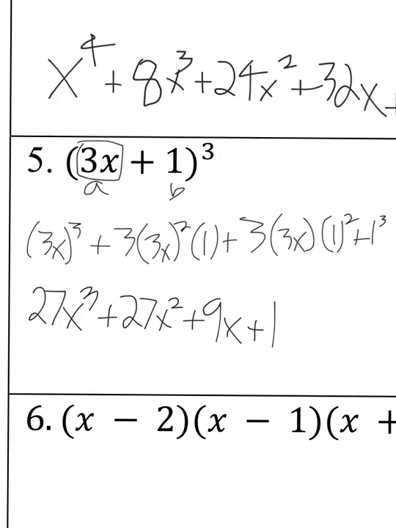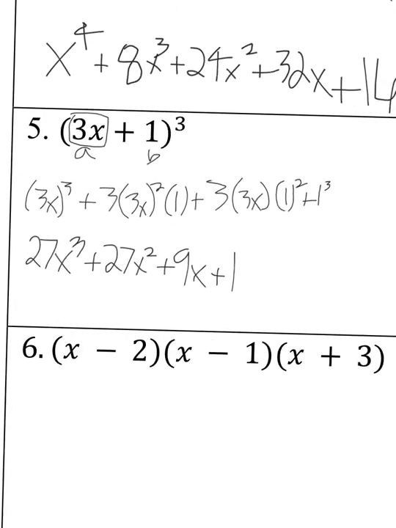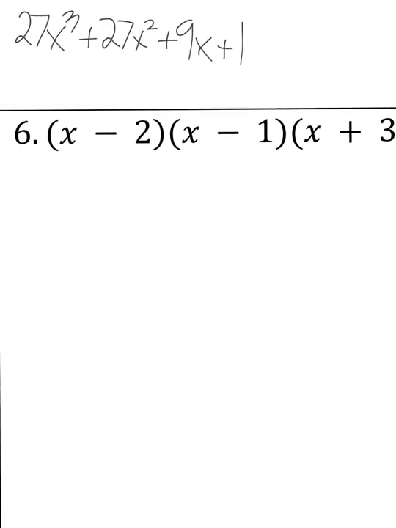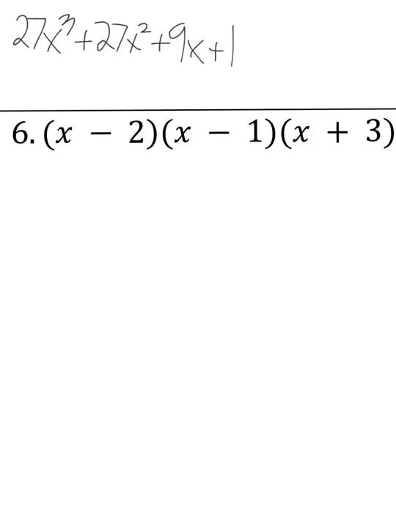It's much easier once you have those rules to work with. So looking at something like number 6, this is going to be an awful lot of distributing. So x times x is x squared. X times minus 1 is minus 1x.